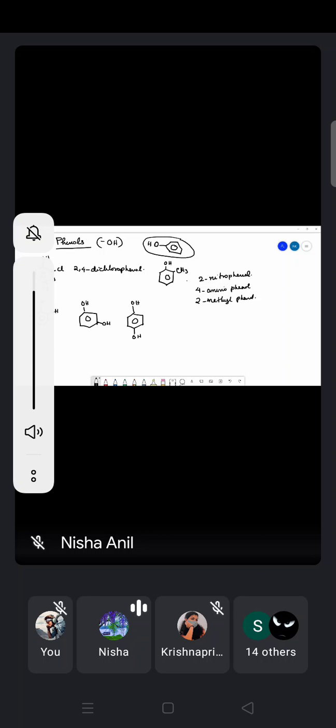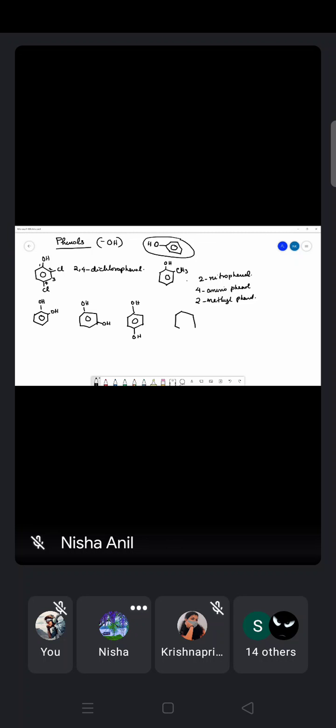They can be named by adding the prefix di, tri, etc. Phenols contain a hydroxyl group.